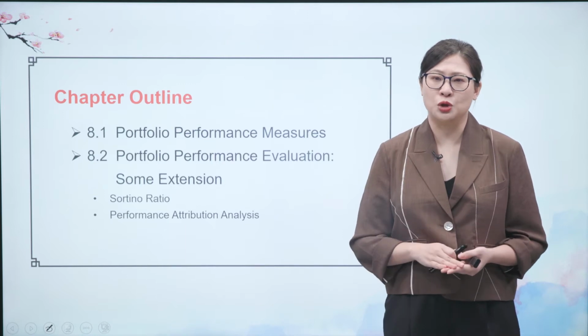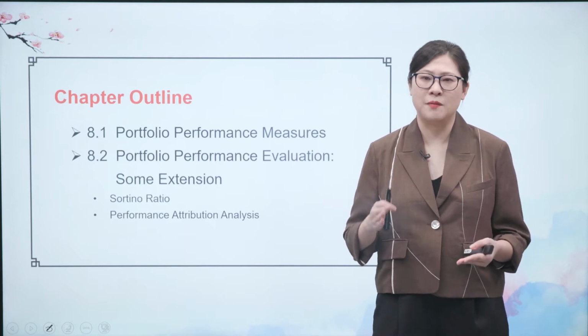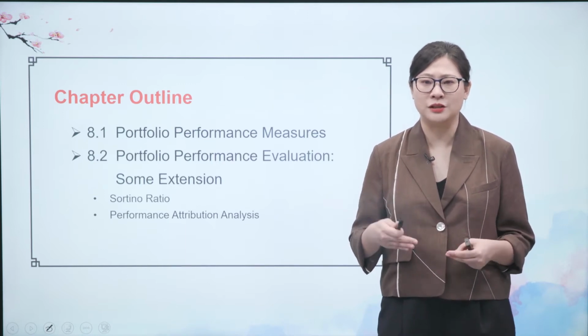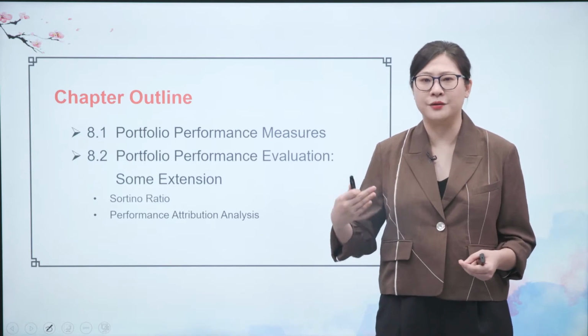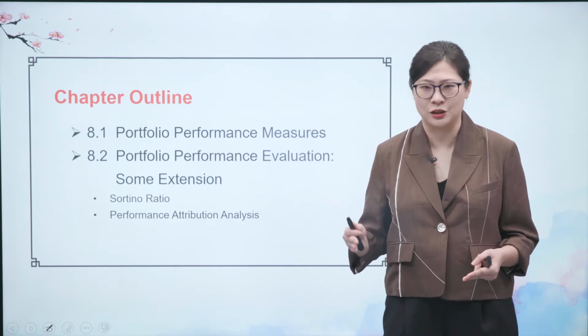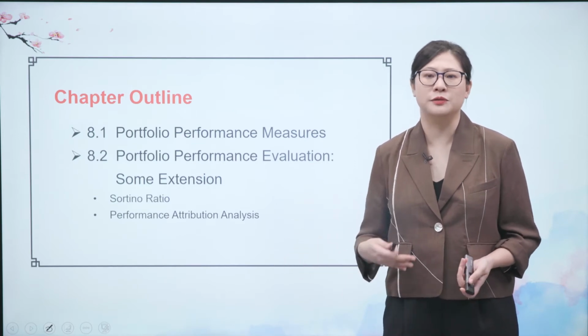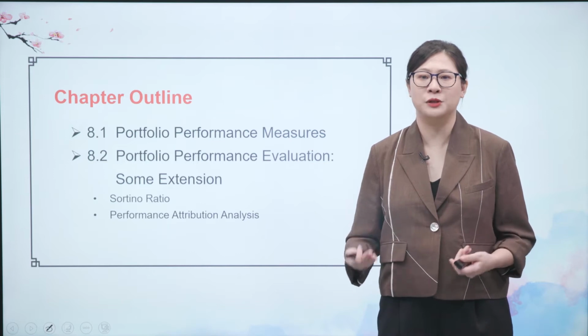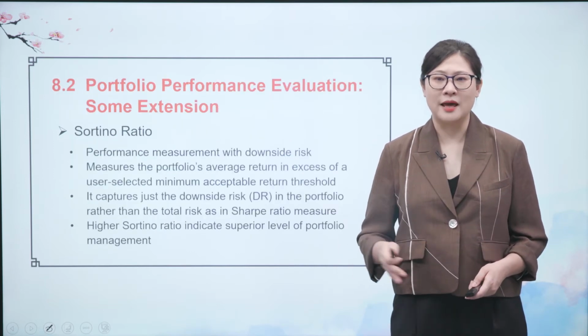So there are two skills from the manager that could help the investor to earn a higher return. One is market timing, the other is stock selection. So in this part, we will introduce these two attribution analyses. Okay, let's have a look.